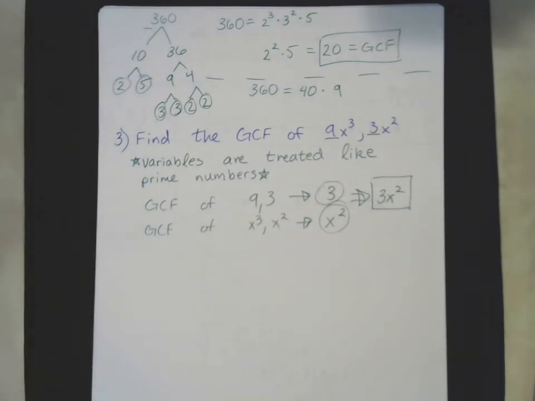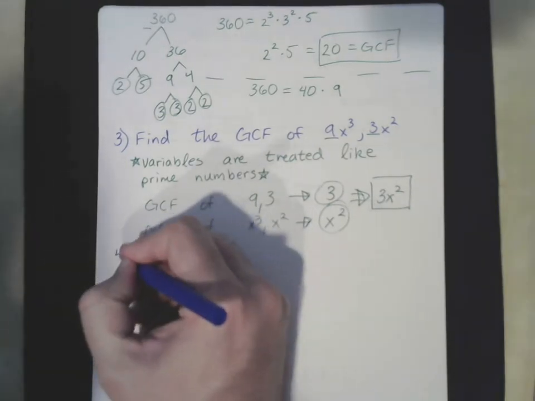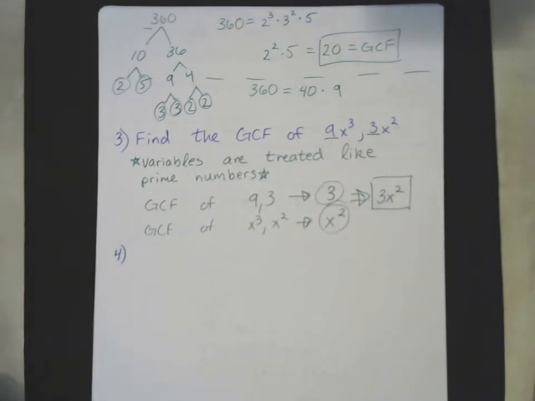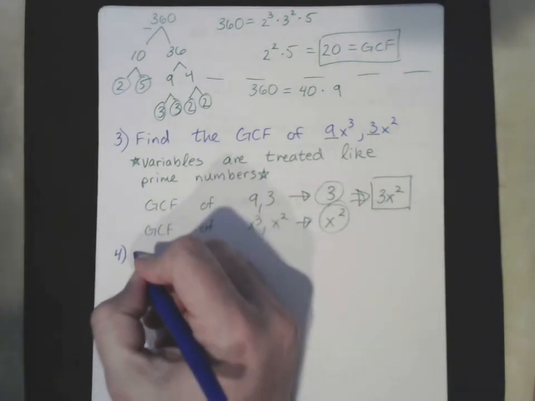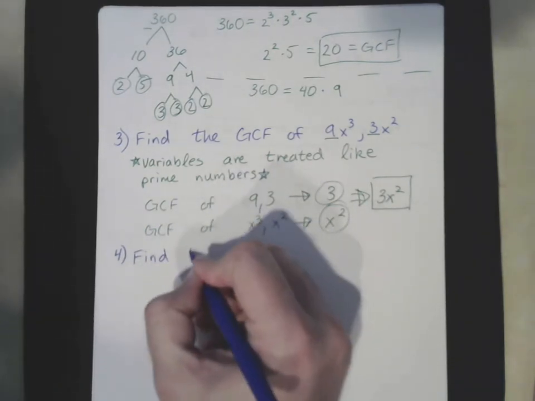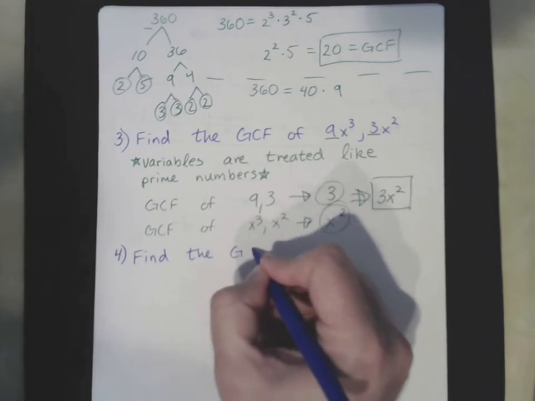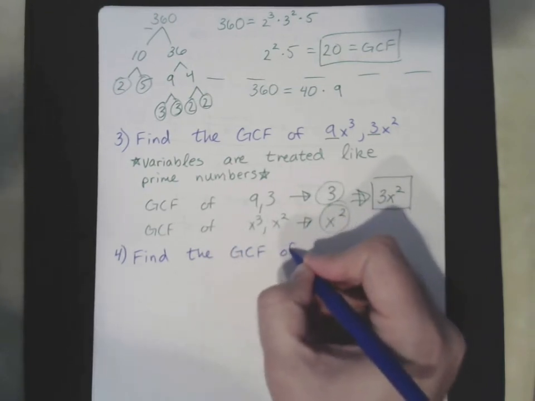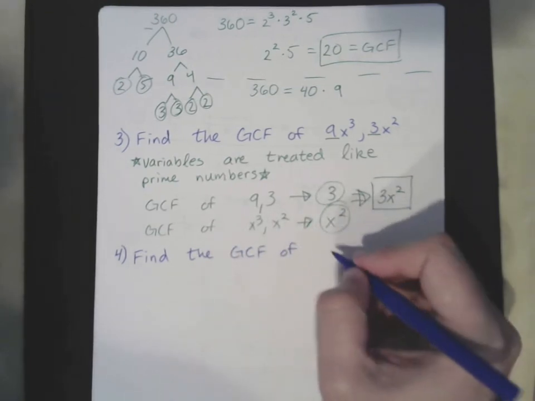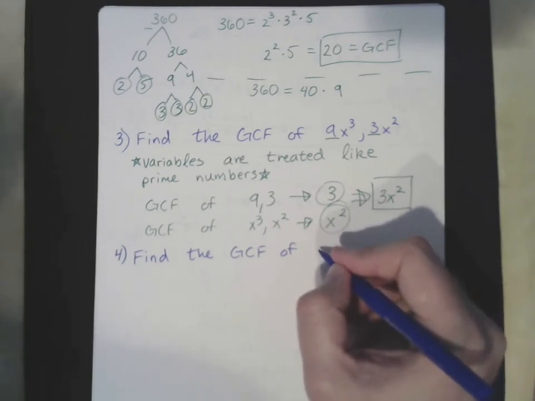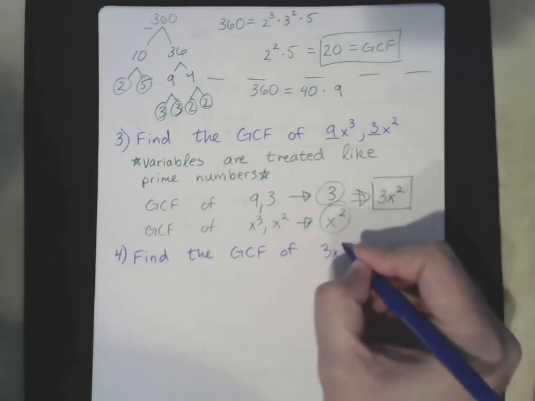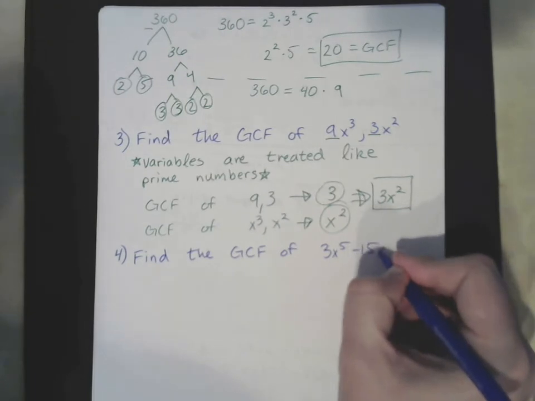Now the last example of GCFs is working into binomials and trinomials. So let's find the GCF of 3x to the 5th minus 15x.